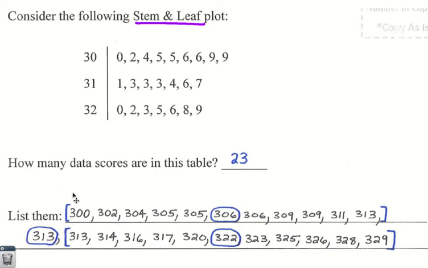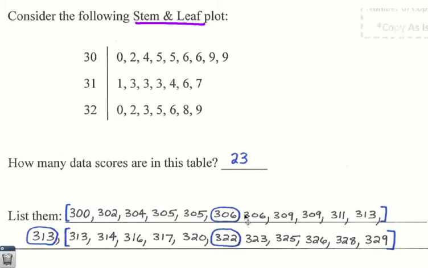And so to find the lower median, which is also the lower quartile and the first quartile, all you really need to do is find the median of just that lower half of the data. So the lower half of the data is only from 300 to this 313.